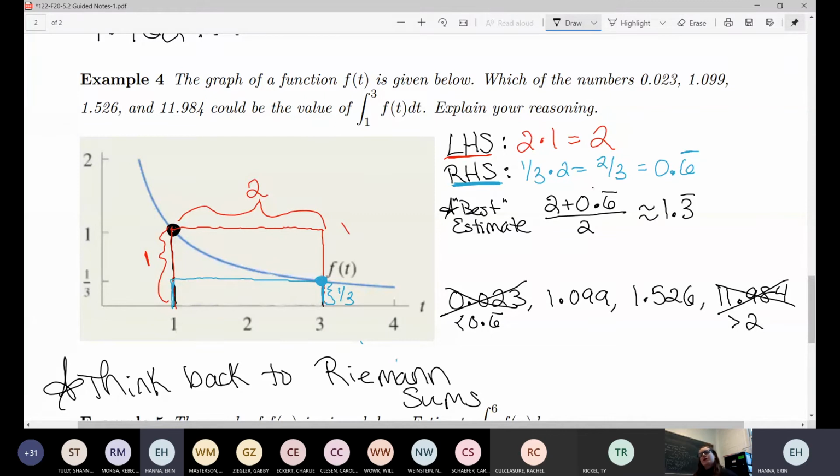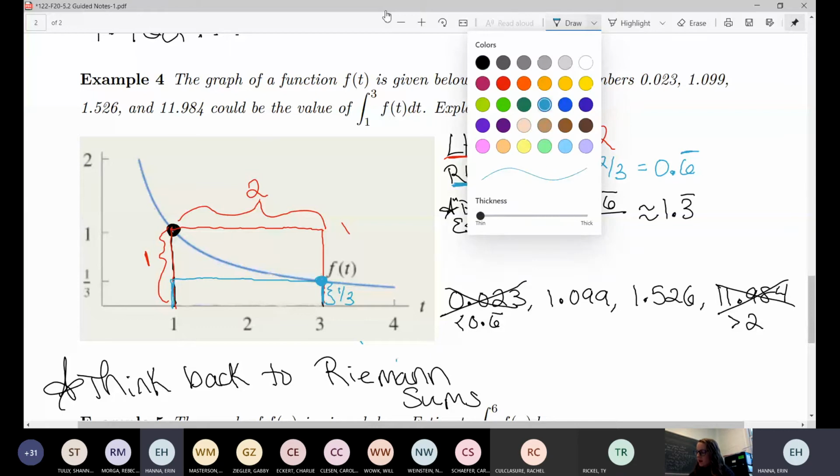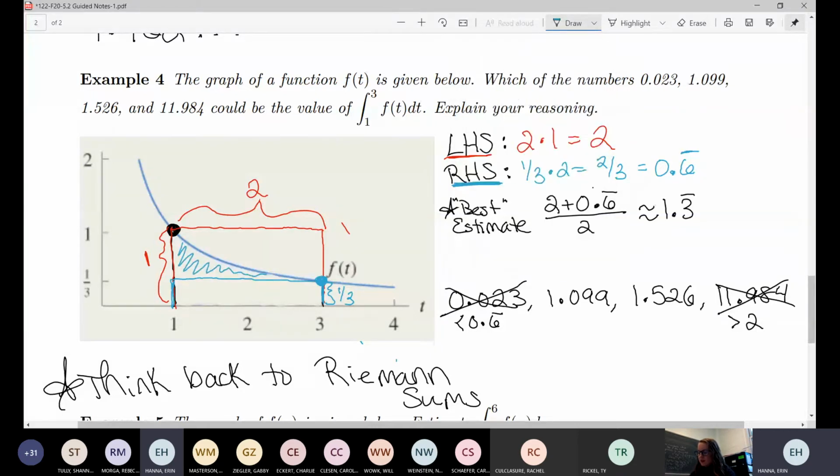Now, if we look at that picture that I drew over there with the right-hand side and the left-hand side rectangles drawn on there, if I think about it a little bit, that underestimate looks to be a bit closer to the actual value than the overestimate probably is. Like the area that we're missing in here looks like it's probably going to be less than the area that I'm gaining in here, if that makes any sense.